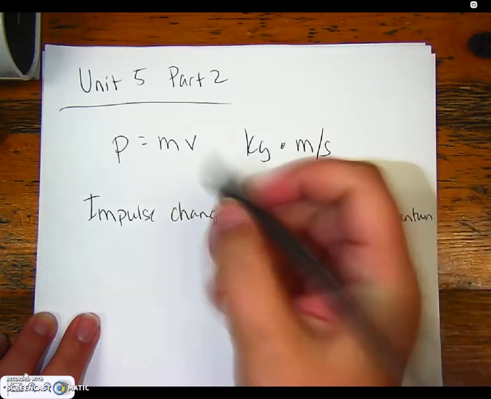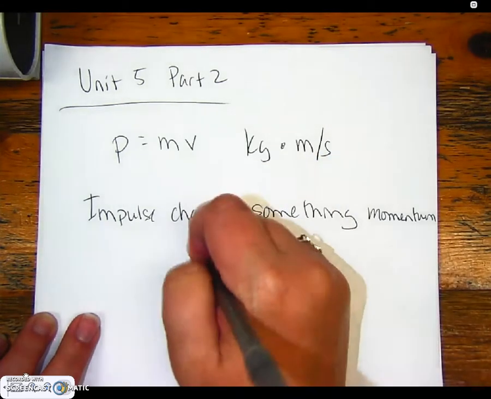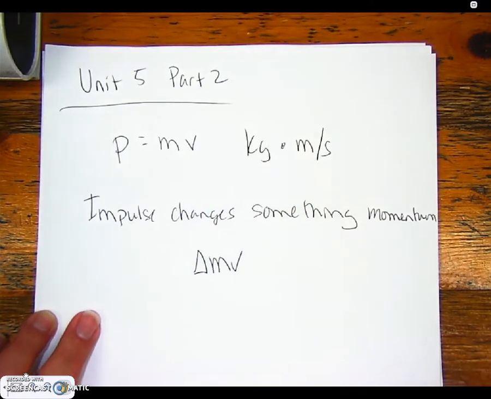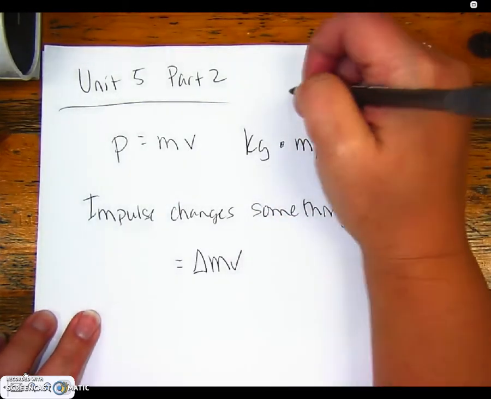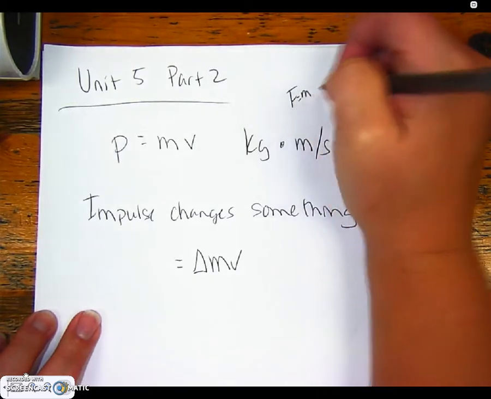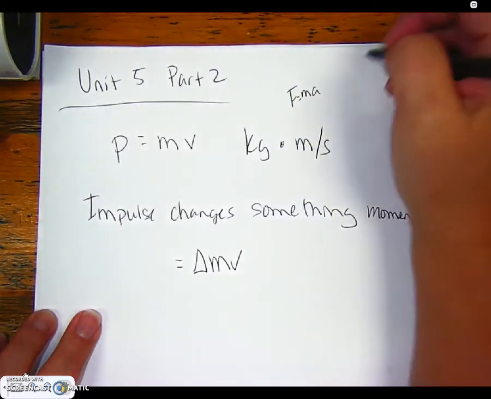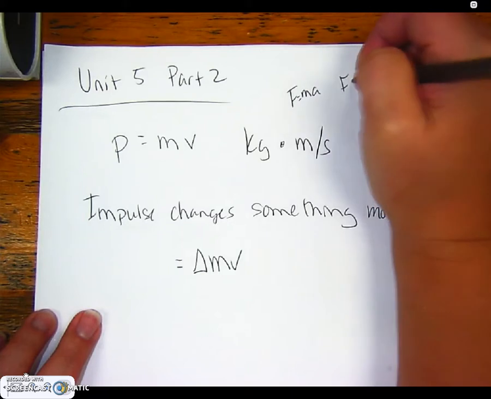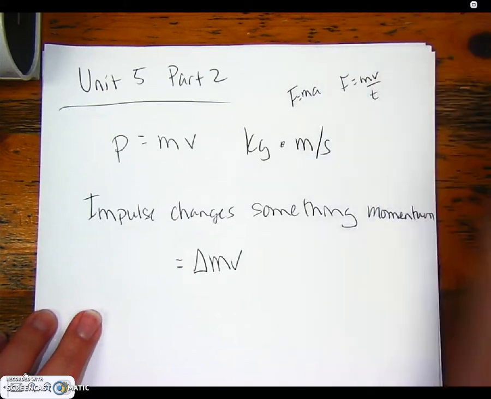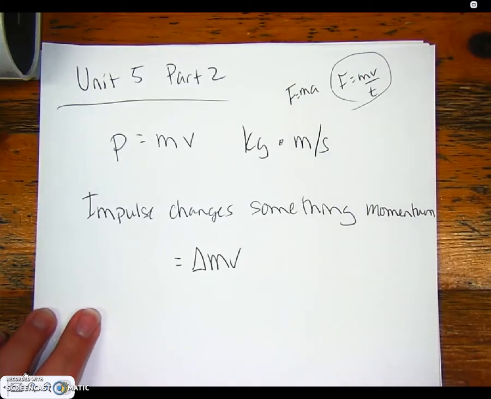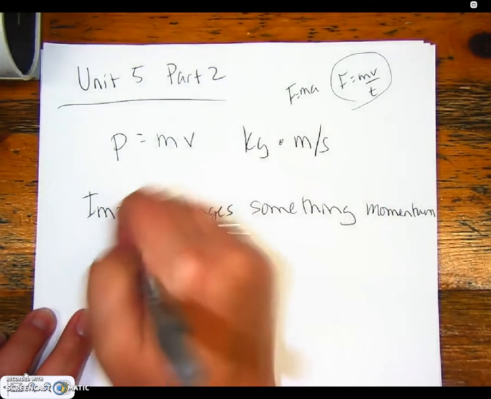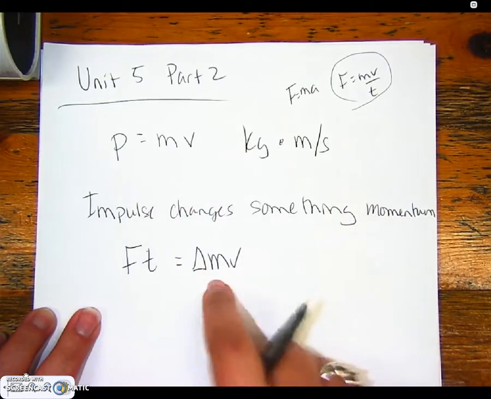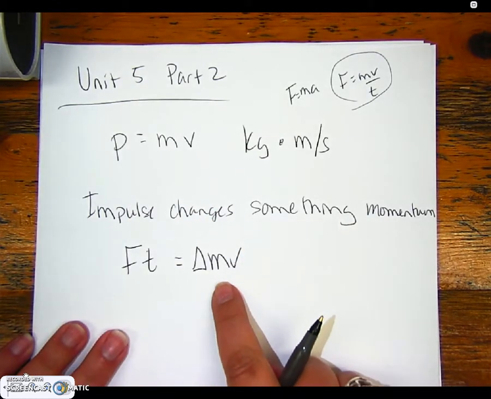So the equation for the change in momentum really comes from Newton's second law, which remember is force equals mass times acceleration, and we know that acceleration is velocity over time, so we could also write it like this. So really this is just Newton's second law, again in a different form. So impulse, force times time, is equal to the change in mv, or the change in momentum.